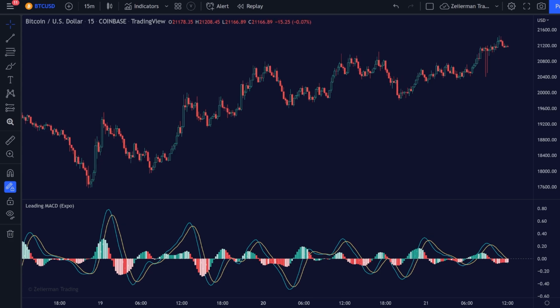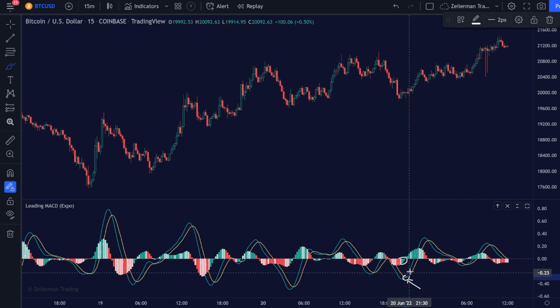This leading MACD indicator contains a nice and cool feature within its histogram. The histogram is designed to be predictive and to react quickly to price changes. And we can see that the histogram actually shifts color quite early on, even though the MACD lines have not crossed yet.